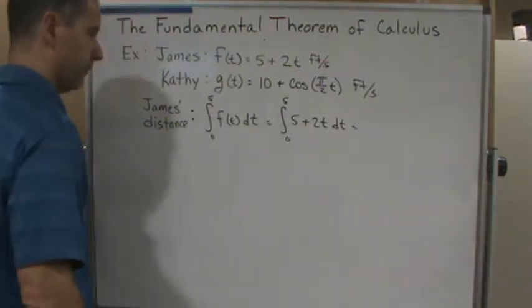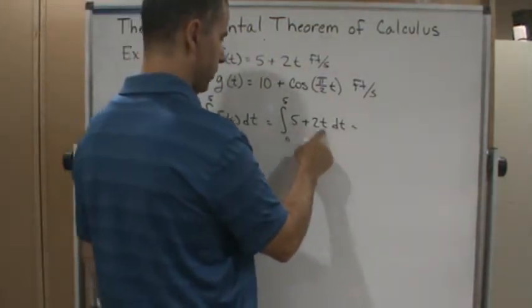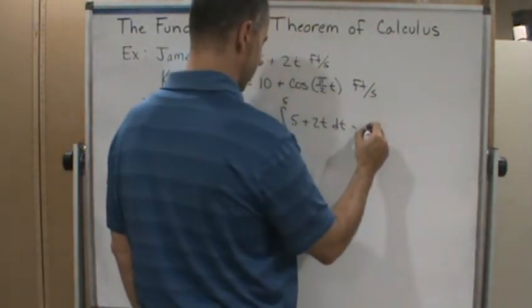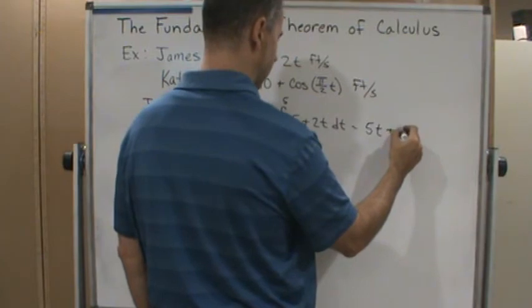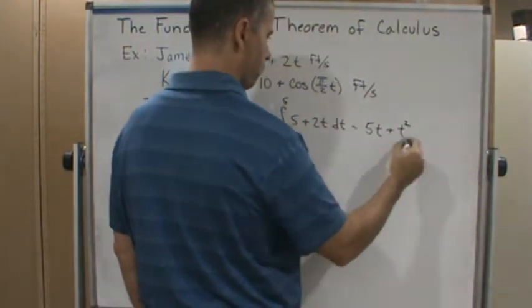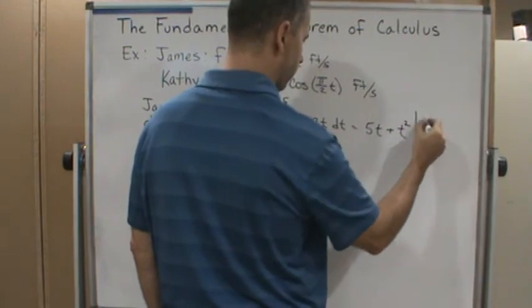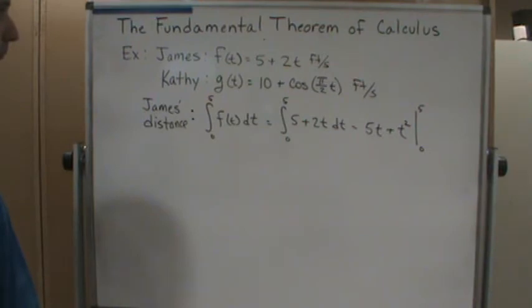And now we're going to use the fundamental theorem of calculus because I can find the antiderivative term by term. So this is going to equal 5t plus t squared evaluated from 0 to 5. Okay?